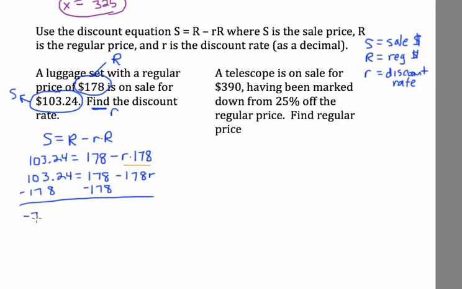Get negative 74.76 on this side equals, this is gone, negative 178r. Undo what's been done to the r, so divide both sides by negative 178.